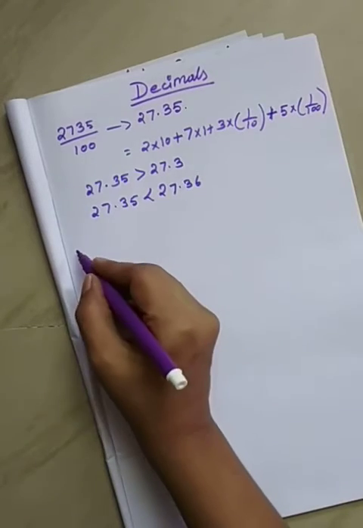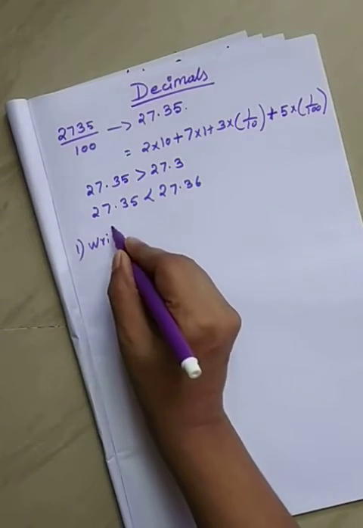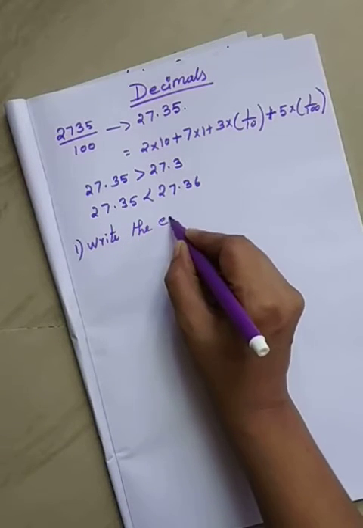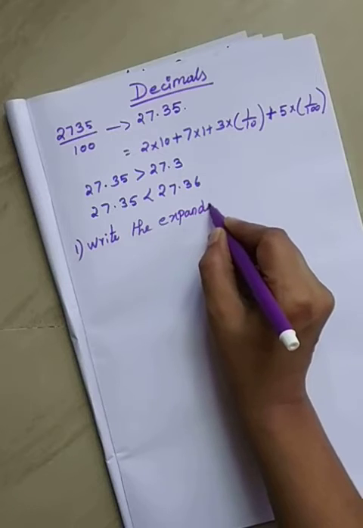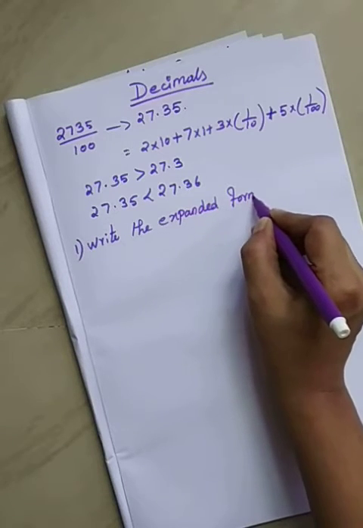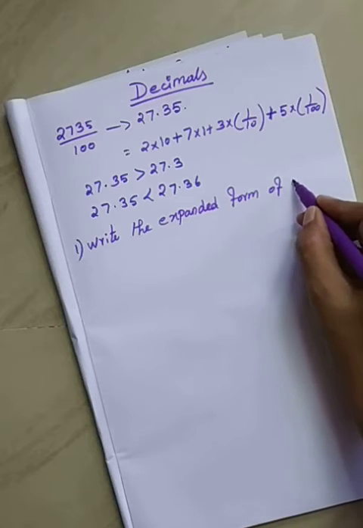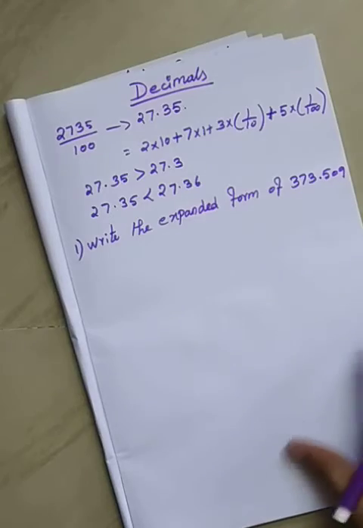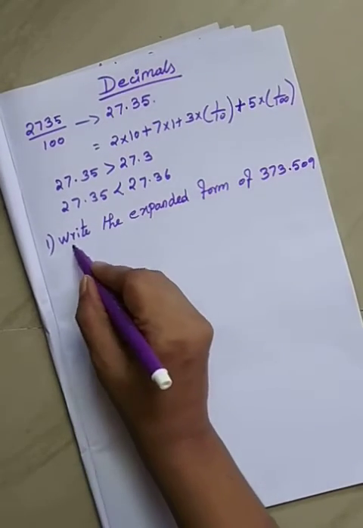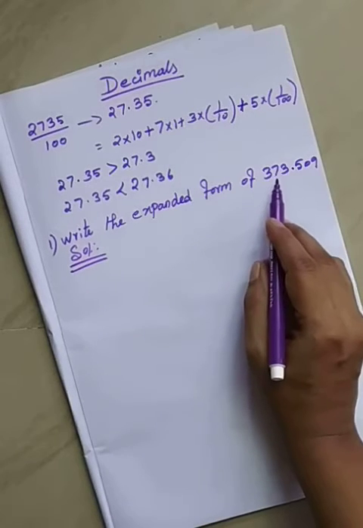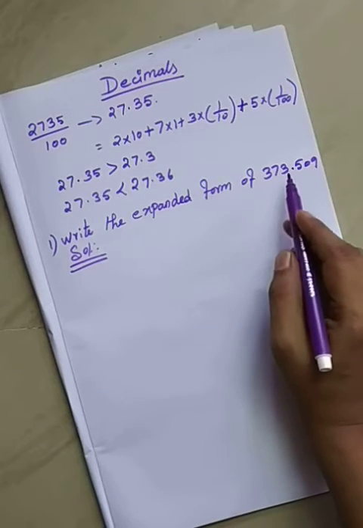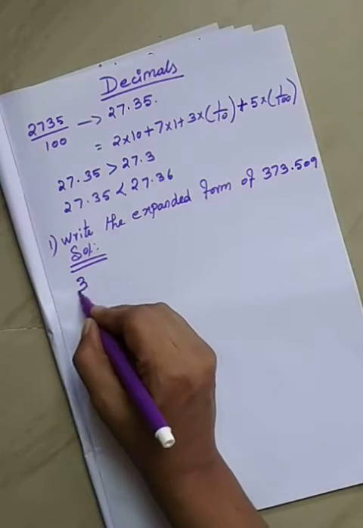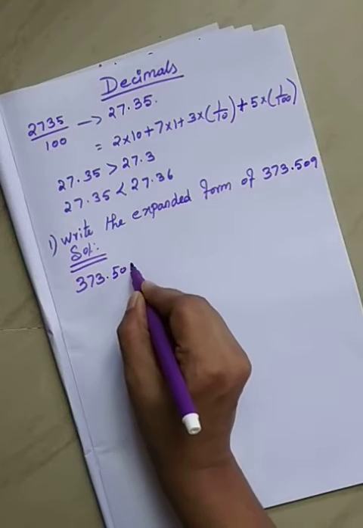Now see one problem. Write the expanded form of 373.509. See the solution. In this one you have to write 1, 10, 100.